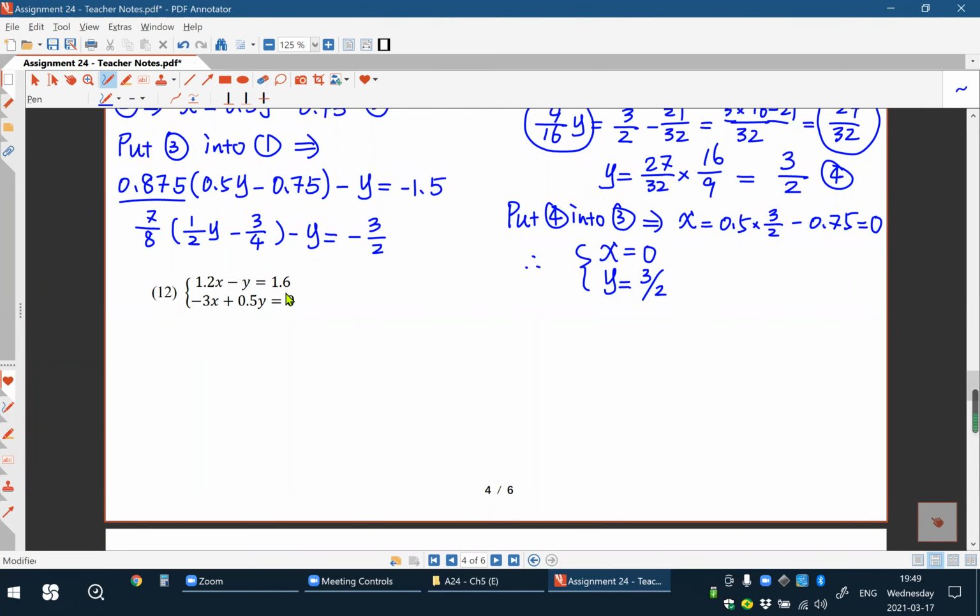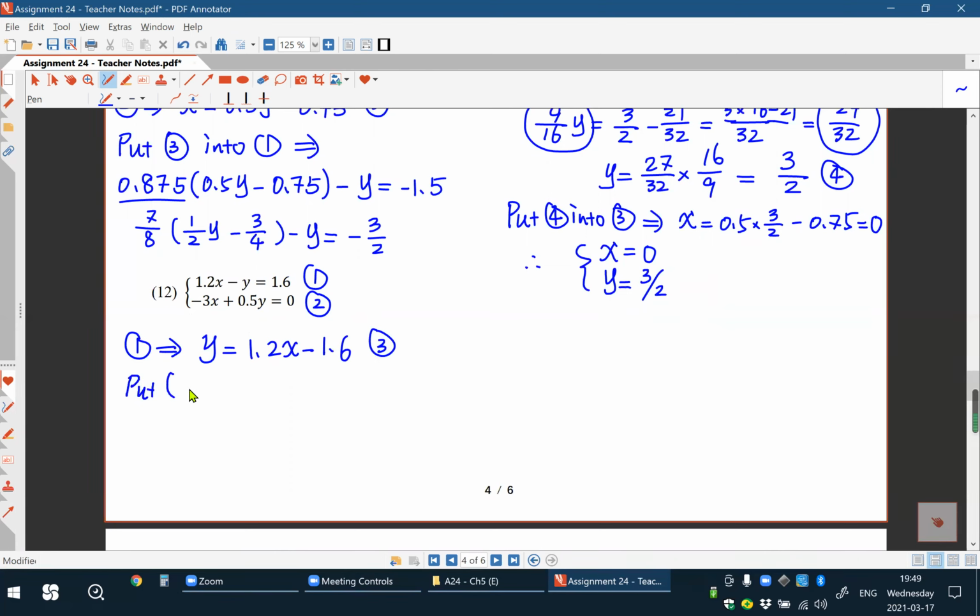All right, next one. Note that from the first equation, we can solve y in terms of x, right? Okay, let's do this. From the first equation, we can solve y actually equals 1.2x minus 1.6, right? Okay, let's call this number 3.